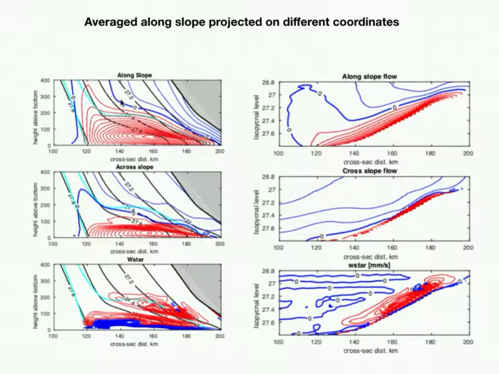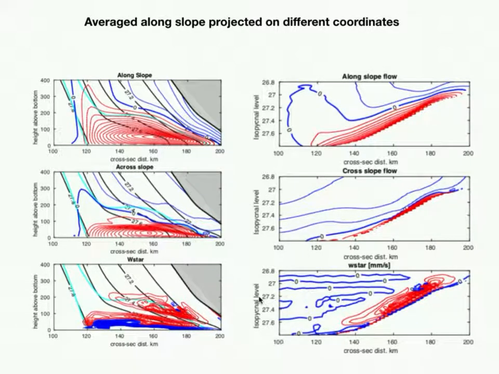So the thickness of the boundary layer, or of the outflow, and how these variables relate to one another. I also did, on the right, something similar but with the isopycnal levels.